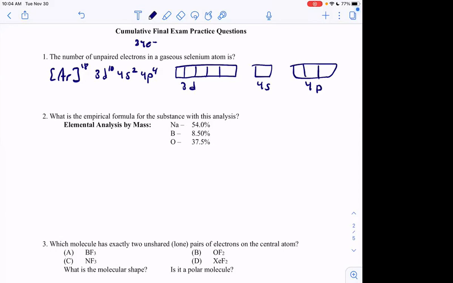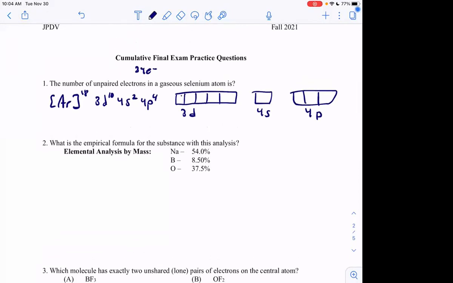The d is filled, we know that. Spin up, spin down, they pair like that. The 4s is filled. And then you fill these one at a time. So there's your answer.